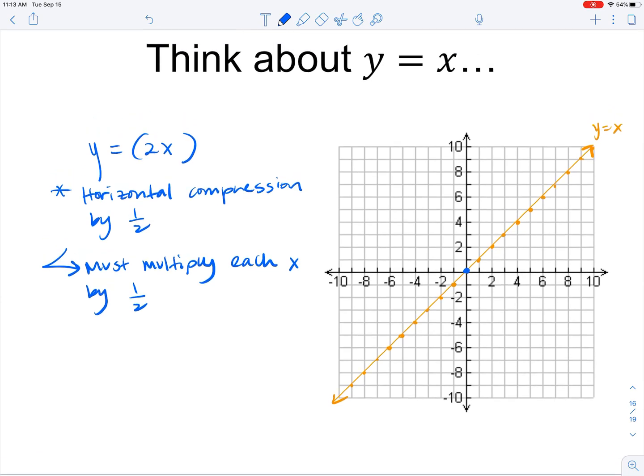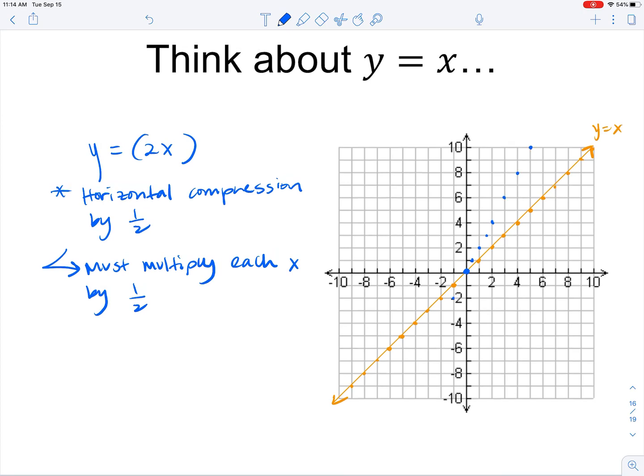Okay, (0, 0) ends up staying in the same place. However, the point (1, 1), if I multiply x by 1/2, would end up being (1/2, 1). (2, 2), when I multiply the x coordinate by 1/2, ends up at (1, 2). (3, 3) ends up at (3/2, 3). (4, 4) would end up at (2, 4), and so on.